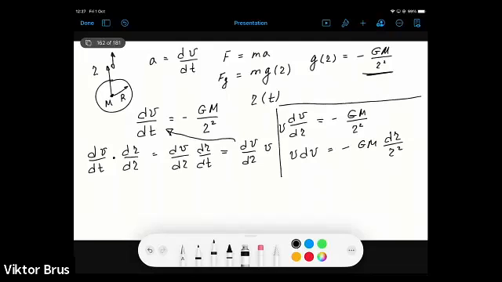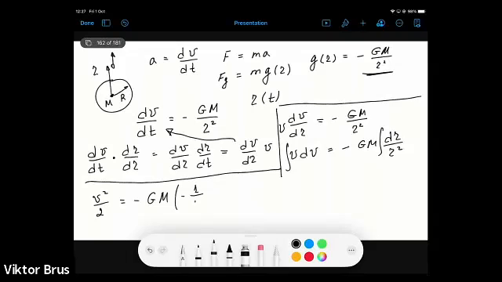And since we already have these separated variables, we can integrate from left and right side. So after integration, we will get v squared divided by 2 equal minus G times M, and here will be minus 1 over r.